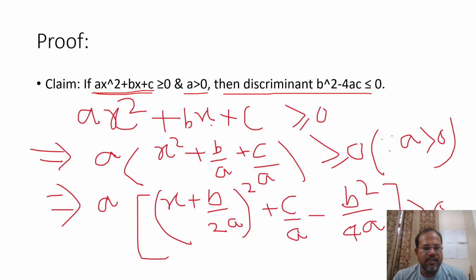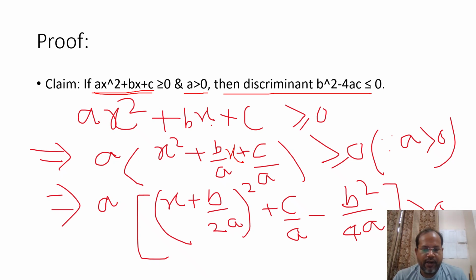So let ax square plus bx plus c be greater than or equal to 0. I have taken a common, so the first term remains x square, and the second term is b by a into x, plus c by a.